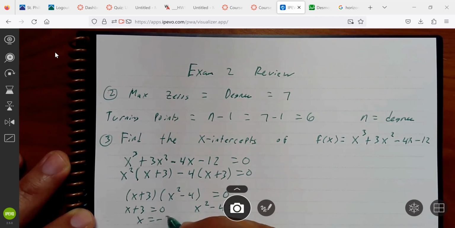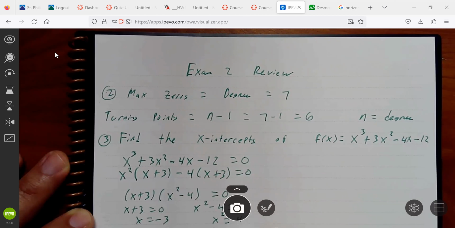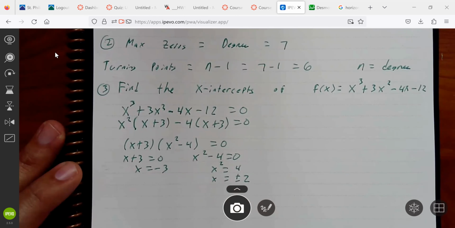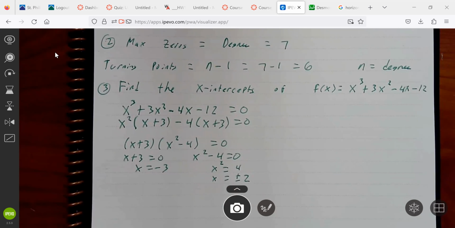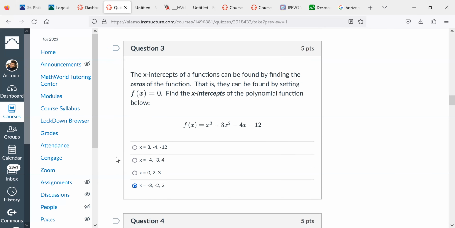X equals -3. X squared equals 4, so x is plus or minus 2. So -3, 2, -2.